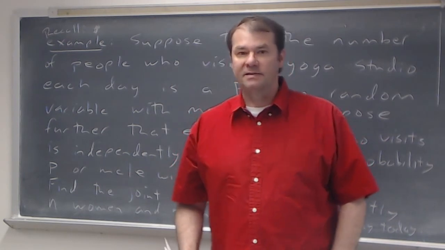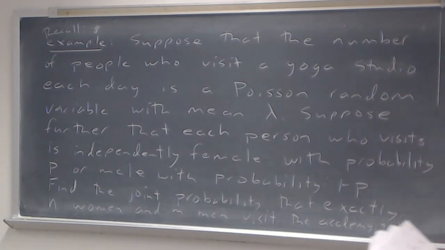What we ended with last time was an example, so let me read it here on the board. We suppose that the number of people who visit a yoga studio each day is a Poisson random variable with mean lambda. We suppose further that each person who visits is independently female with probability p or male with probability 1 minus p.